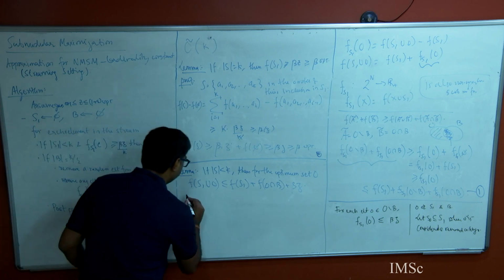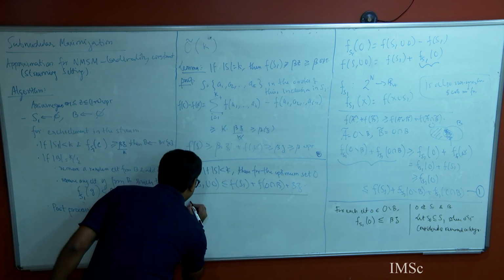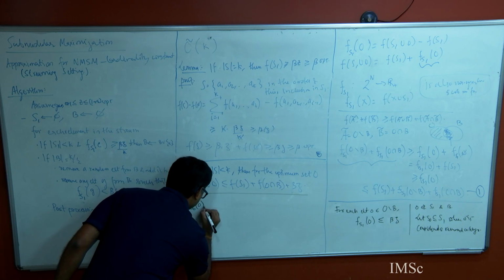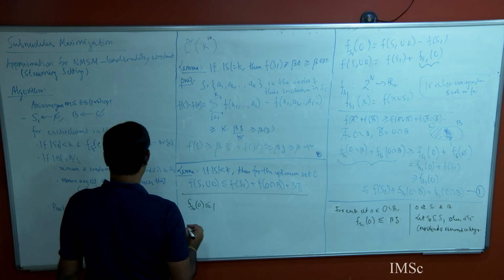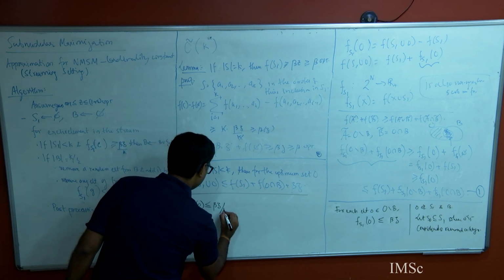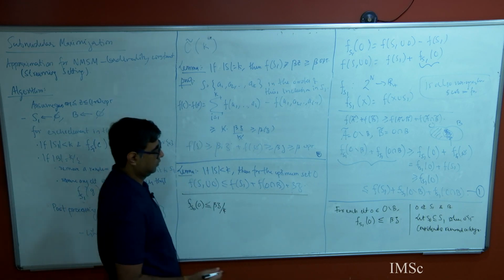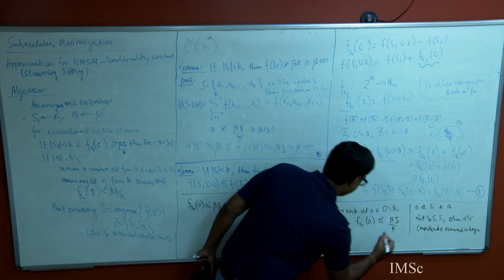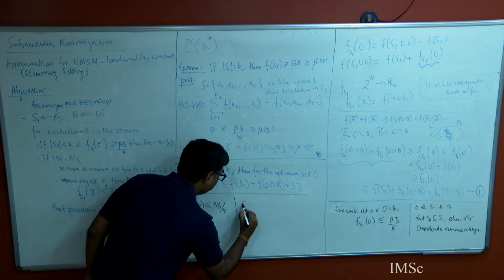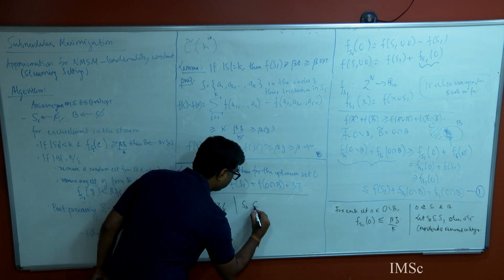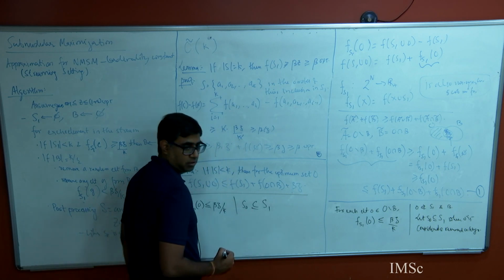Either way, we can say at this point of time that f of S0 union O minus f of S0 is less than or equal to beta times Z by K. Agreed? I can say this for sure. Now, what do you know about S0? S0 is contained inside S1.